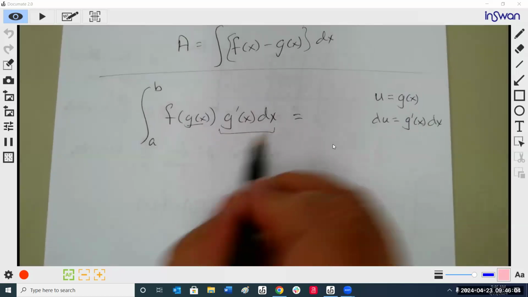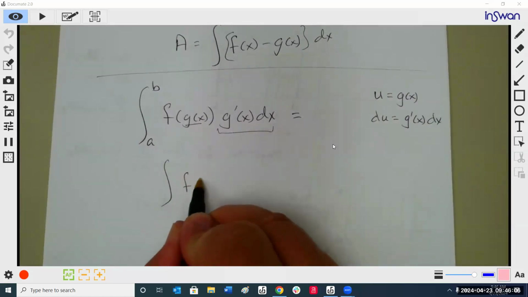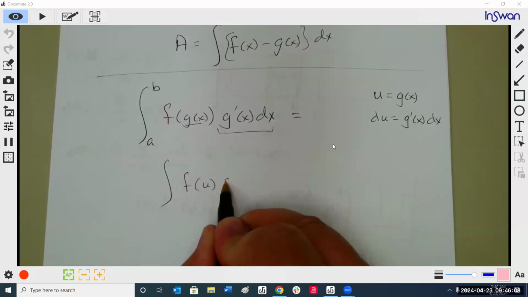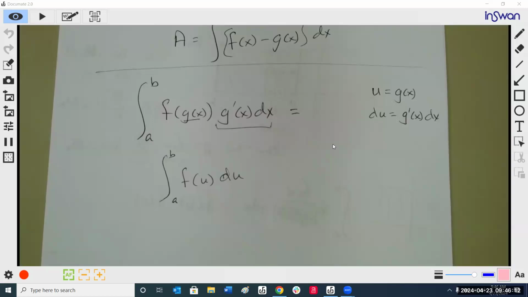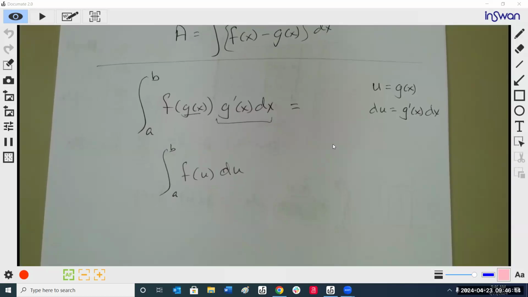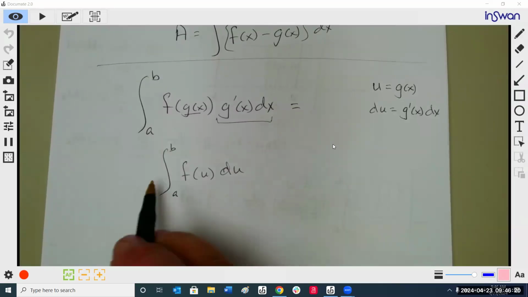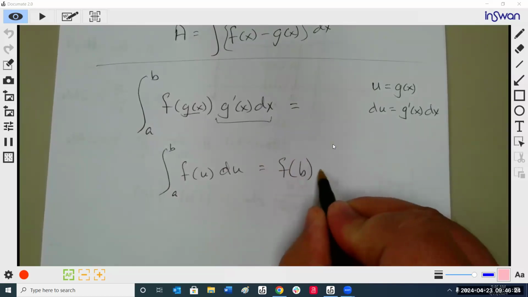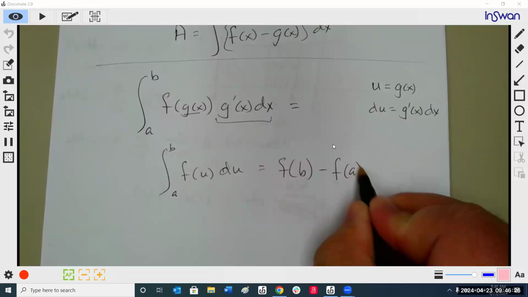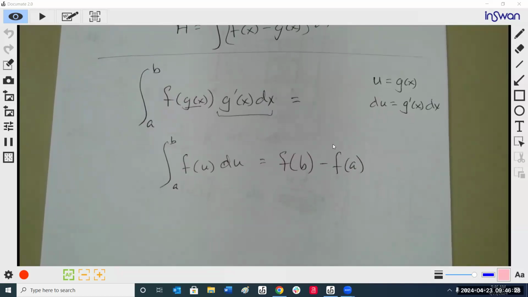Well, this is f of u du. Because now once we're in that form, then we can just integrate them and take the upper bound minus lower bound. And there we have it.